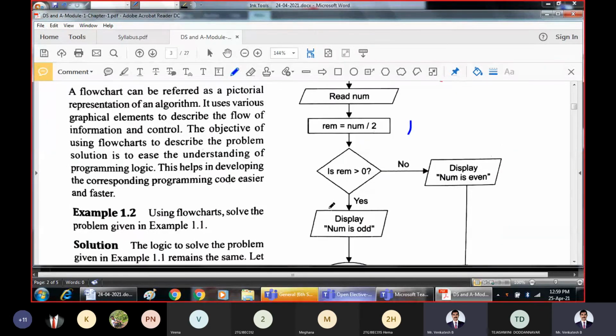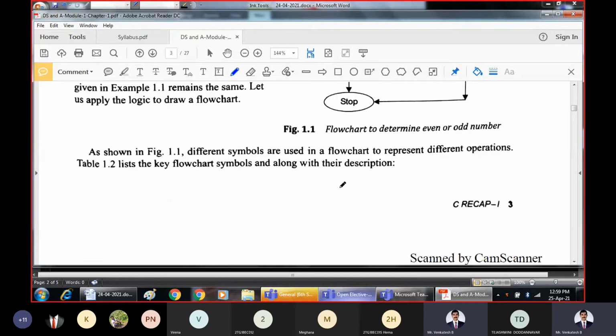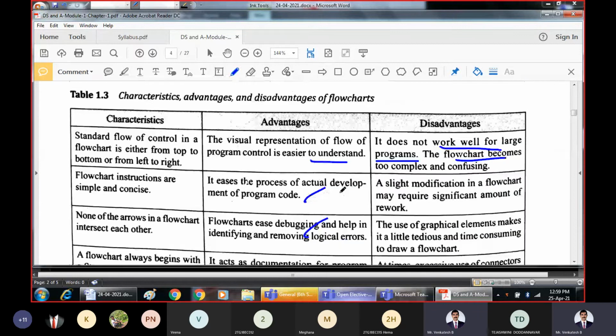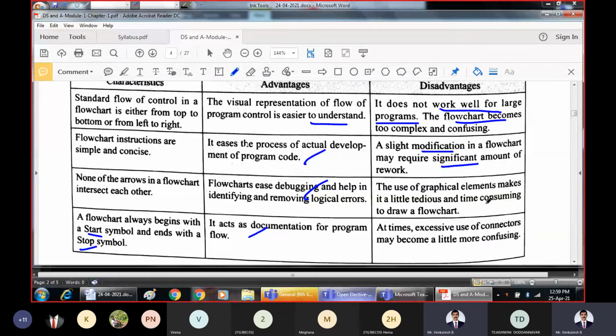So assume if the problem is very big, then the flowchart will become clumsy. It adds complexity as the problem length increases. And if you make little modifications, we may have to perform more rework in the case of flowcharts.